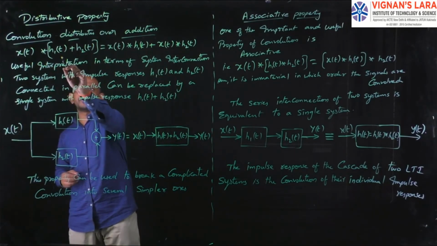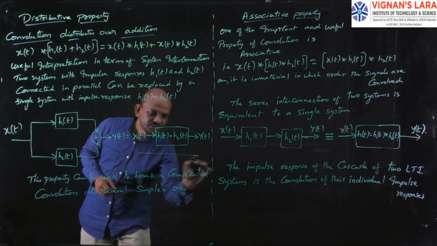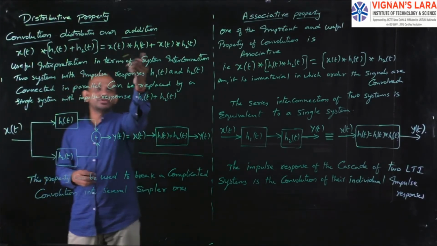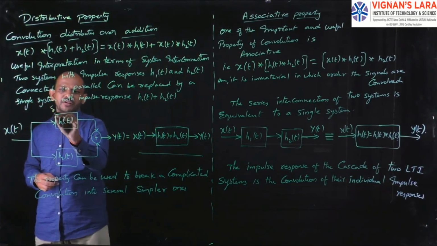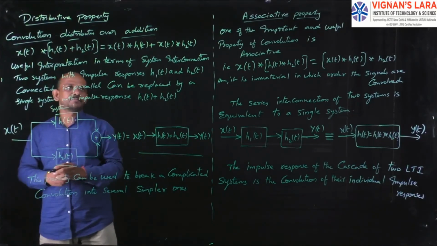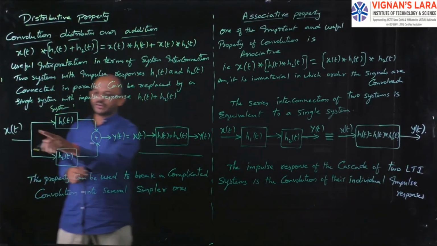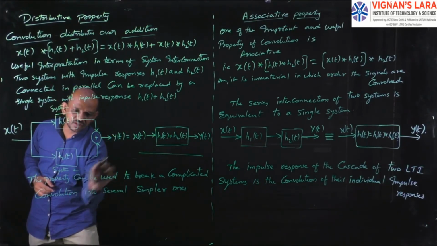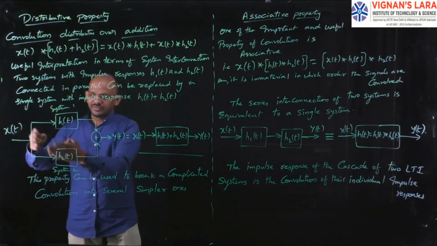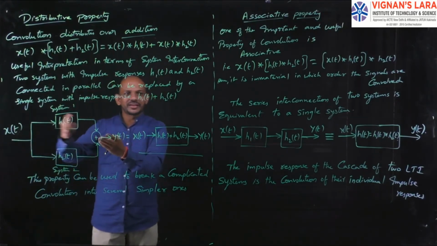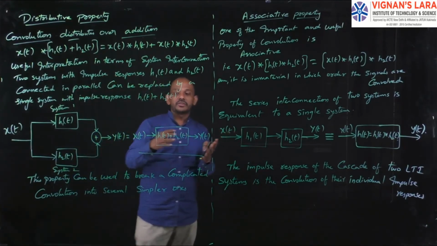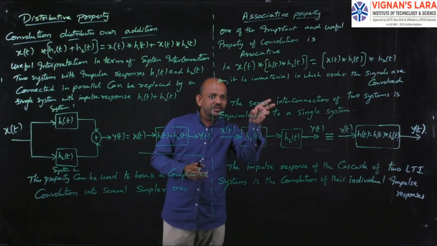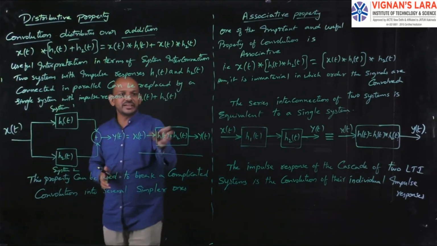That will be equal to x of t convolution h1 of t, the impulse response of system 1, plus x of t convolution h2 of t, for system 2. So the addition of the individual convolutions is equal to the convolution with the addition of their impulse responses.